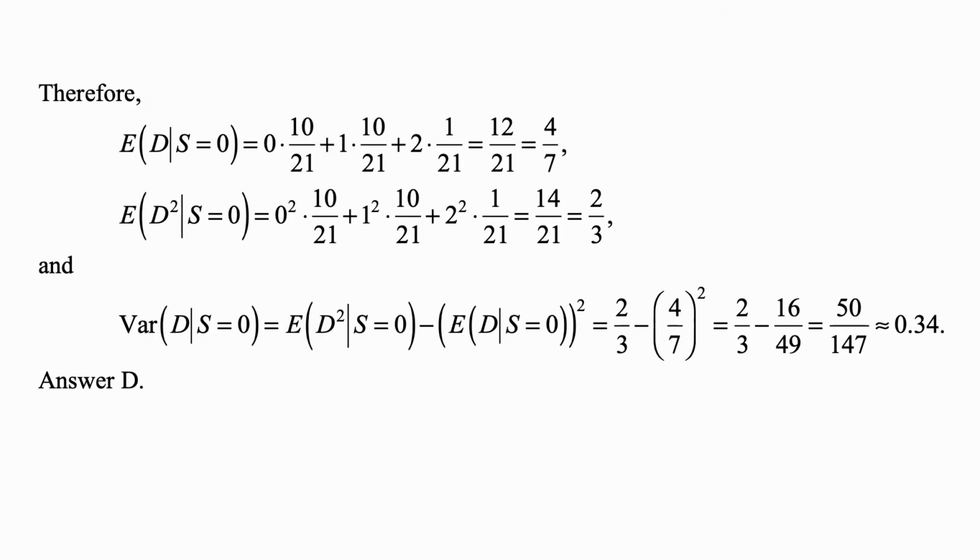And now we have this discrete probability distribution of D given S equal to 0, with values of 0, 1, and 2, with probabilities 10 over 21, 10 over 21, and 1 over 21.